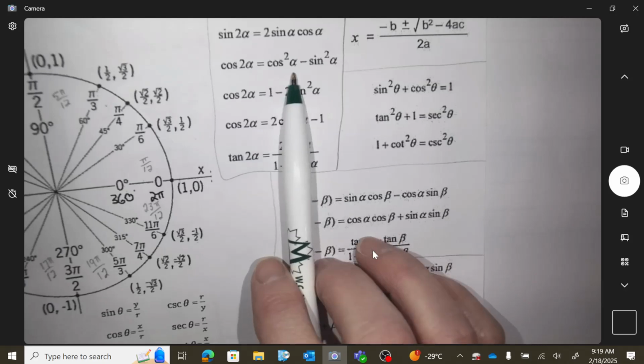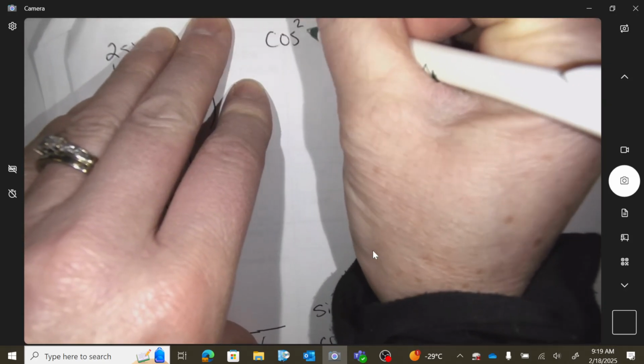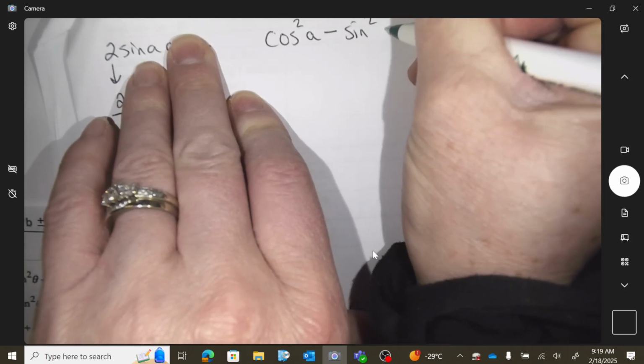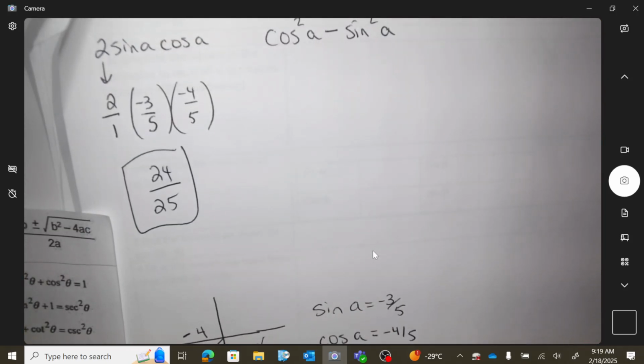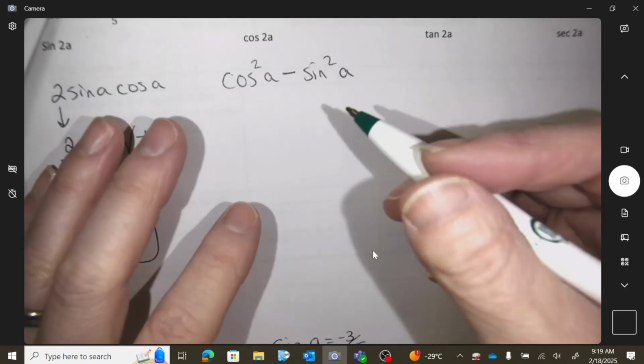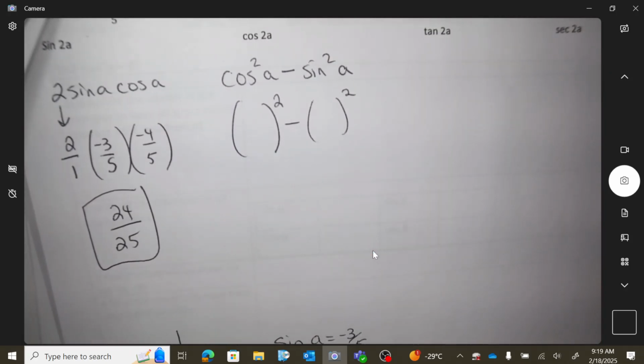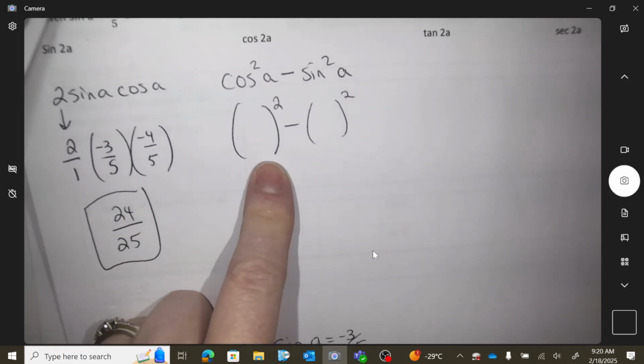I'm going to pick this first one here, which says cos squared A subtract sine squared of A. Okay, now I'm going to give myself a bracket squared minus a bracket squared, because I have to square whatever value I want, which is going to be the trig value.